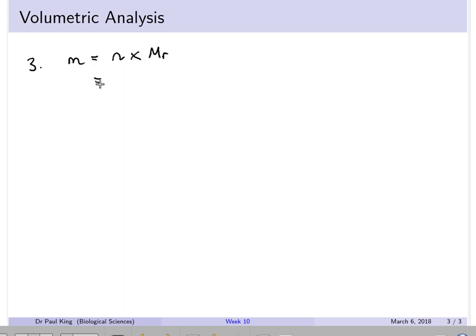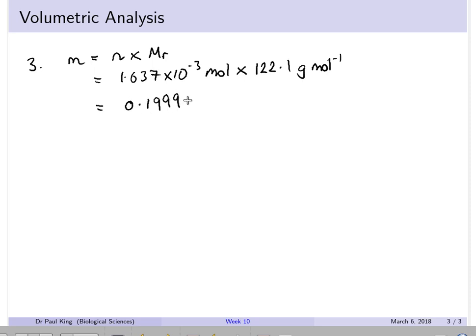We've just worked out the number of moles: 1.637 times 10 to the power of minus 3 moles of benzoic acid, multiplied by MR, its molecular mass, which in this case we're told is 122.1 grams per mole. Multiplying those two numbers together gives us the mass of benzoic acid present in the sample, which is 0.1999 grams of benzoic acid.